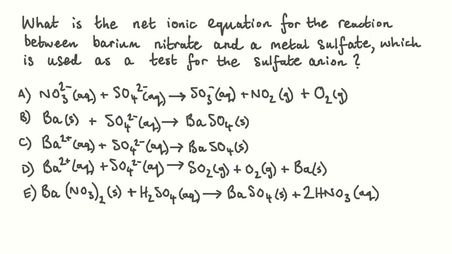C: Ba2+ aqueous plus SO4 2- aqueous gives BaSO4 solid. D: Ba2+ aqueous plus SO4 2- aqueous gives SO2 gas plus O2 gas plus Ba solid. E: BaNO3 solid plus H2SO4 aqueous gives BaSO4 solid plus 2HNO3 aqueous.